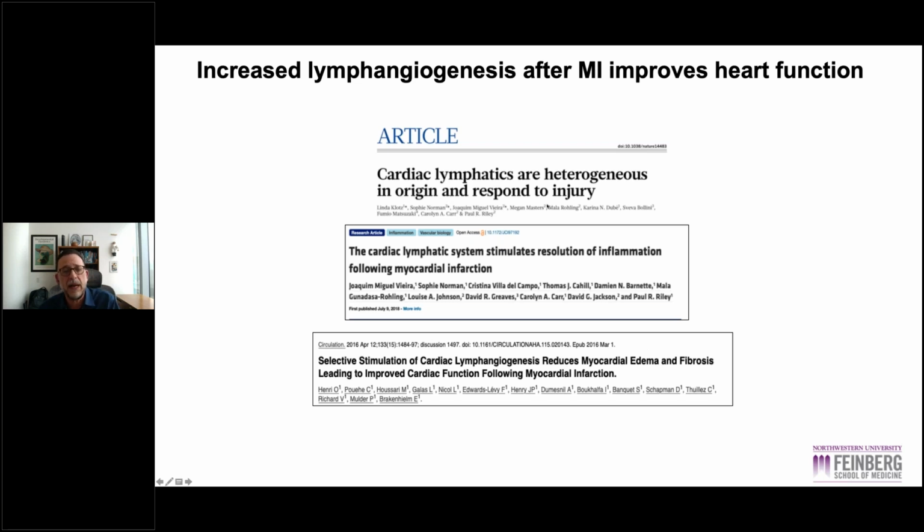For example, it was reported by Paul Riley's lab that they respond with increasing numbers after cardiac injury, which stimulates the resolution of inflammation after MI. Also, if you increase lymphangiogenesis, for example using VEGF-C, you improve cardiac function after MI as well. So there was a lot of evidence suggesting a crosstalk between lymphatics and cardiac function.